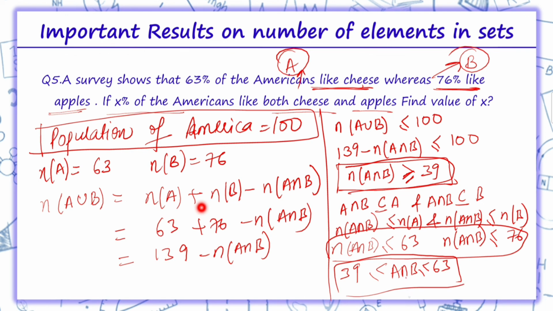A intersection B, we assumed it to be X. So X will be greater than or equal to 39 and less than or equal to 63. So this is how we are done with this chapter, sets. We have studied all the concepts of this chapter, sets.